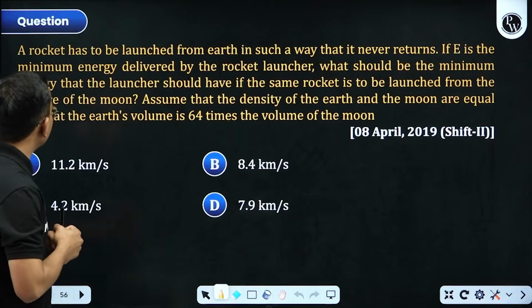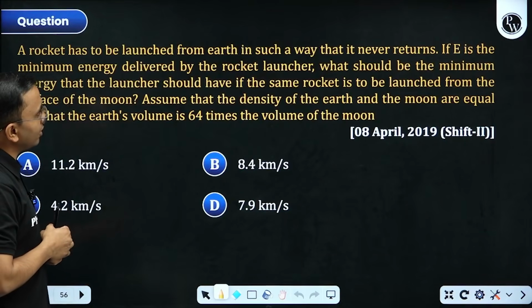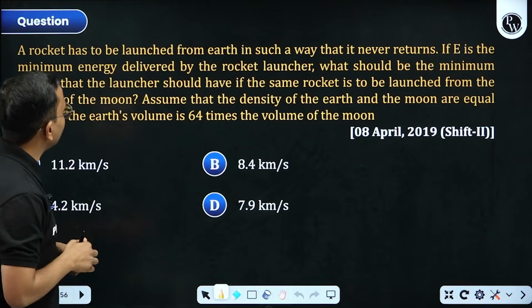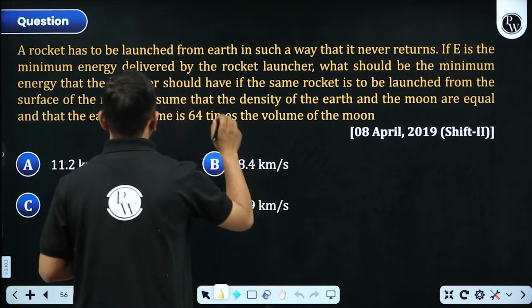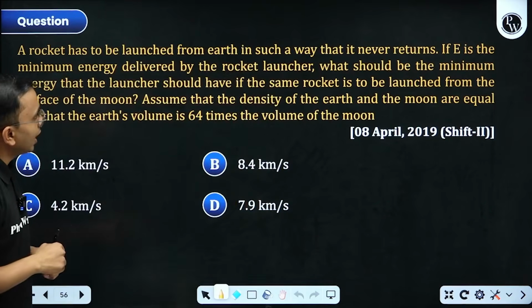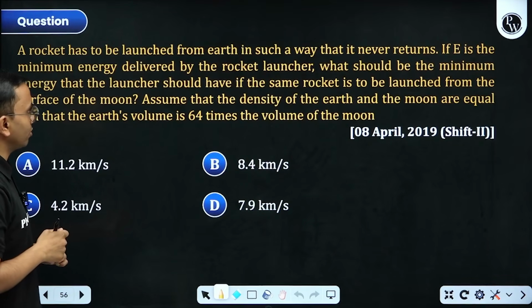Now another question. A rocket has to be launched from Earth in such a way that it never returns. If E is the minimum energy delivered by the rocket launcher, what should be the minimum energy that the launcher should have if the same rocket is to be launched from the surface of the moon?